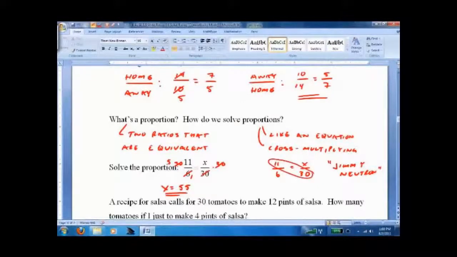We circle the top and bottom across the equals and multiply. So we get 6x equals 30 times 11. And I almost never multiply out the 30 and 11 because it's easier to cancel later. Let's divide both sides by 6. There's 1 6, there's 5, x equals 55. Same answer. Whatever works.